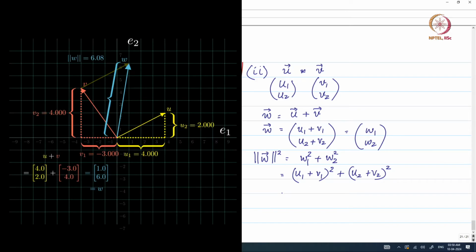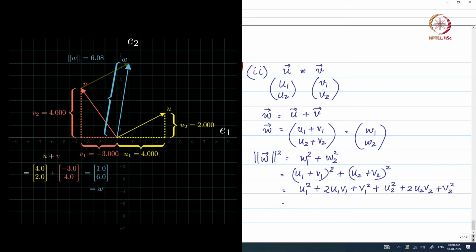Essentially, I am going to write this as u1 square plus 2 u1 v1 plus v1 square plus u2 square plus 2 u2 v2 plus v2 square.